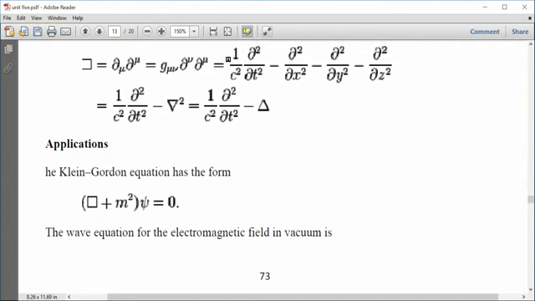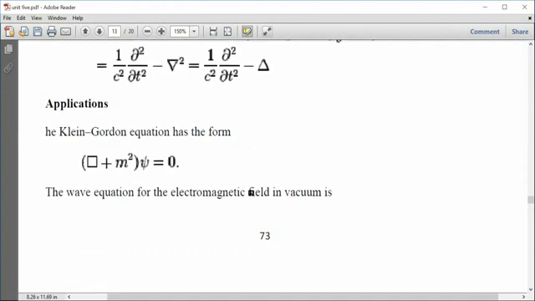Let me repeat it. It is the second derivative with respect to time of the given function times the inverse square of the speed c, then minus the operator there.